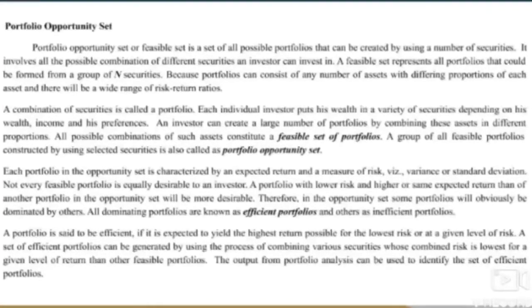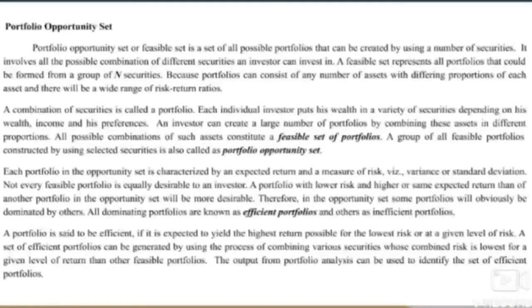So we know a combination of securities is called a portfolio, and an investor can create a number of portfolios by combining the different securities in different proportions, and we can create a number of portfolios by combining all the assets.